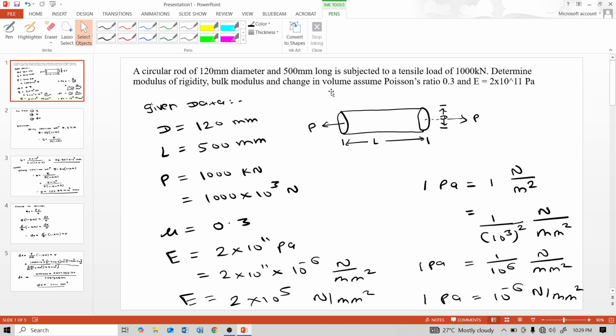After understanding it, we draw the diagram of that circular rod. This is the given data: diameter D 120, length 500 mm, tensile load acting 1000 into 10 raised to 3 Newton, mu is 0.3, Young's modulus is 2 into 10 raised to 5 Newton per mm square. That means this is a steel rod. 1 Pascal is equal to 10 raised to minus 6 Newton per mm square.